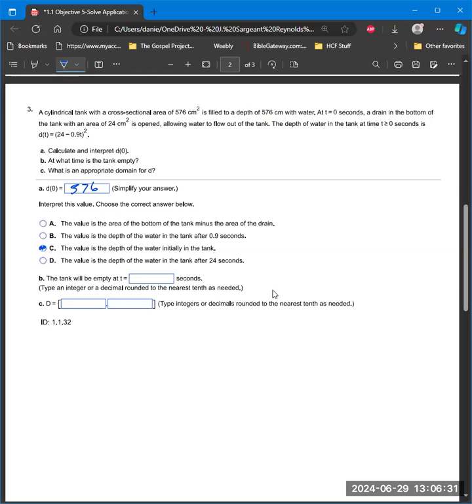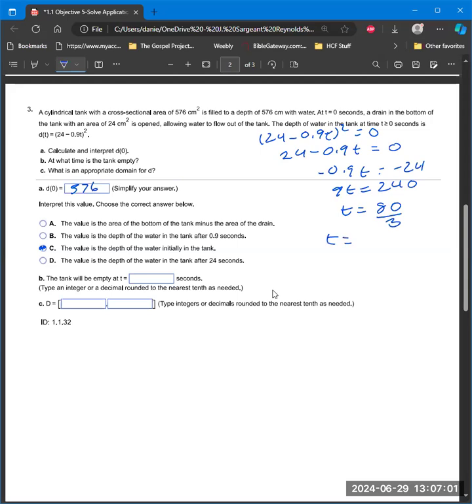And then how long will it take for the tank to empty? So we want 24 minus 9/10 t, squared, to be equal to 0. 24 minus 9/10 t will be equal to 0. Negative 9/10 t is equal to negative 24. That's going to be the same thing as 9t is equal to 240. So t is going to be 80 over 3.